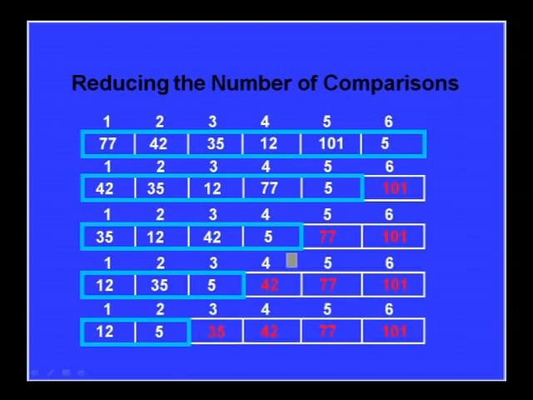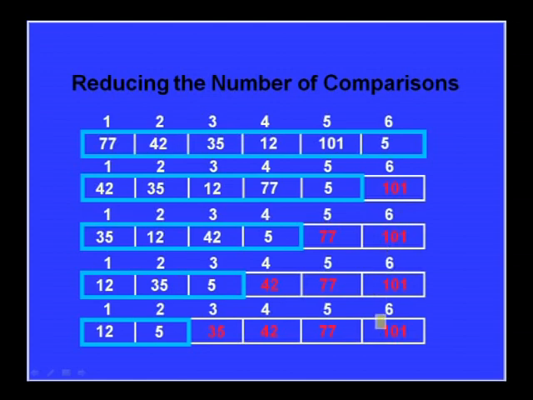And as you see, we can also reduce the number of comparisons in the list. While we have taken 6 elements at the beginning, in the next iteration we would be making just 5 comparisons, because we know that the 6th element, which is the largest element, will be put in its final position. So in the next iteration, that is in the third iteration, we will be making minus 1, that is 4 comparisons as against the 6 comparisons in the earlier stage.